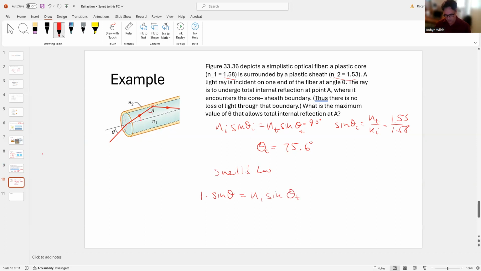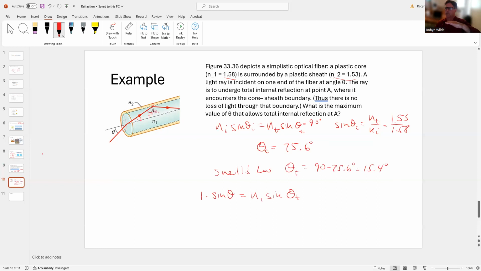The thing to realize is that my transmitted angle is related to this critical angle. In fact, this angle forms a right triangle with the critical angle, so theta t is 90 minus 75.6, which gives me 15.4 degrees.